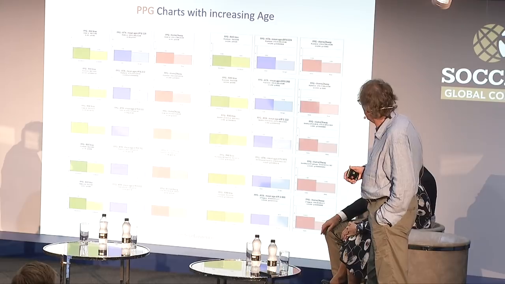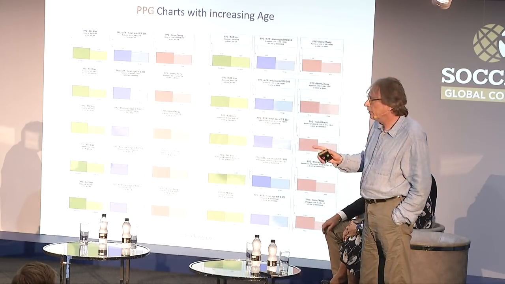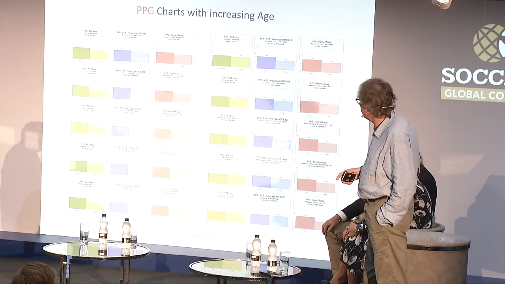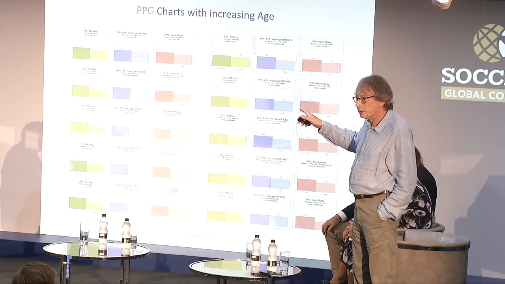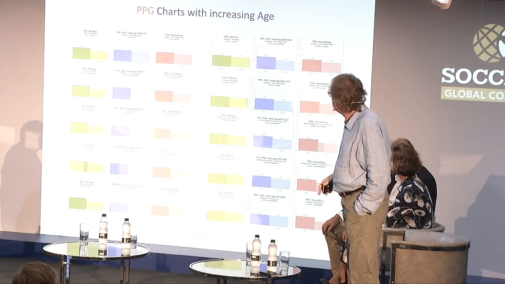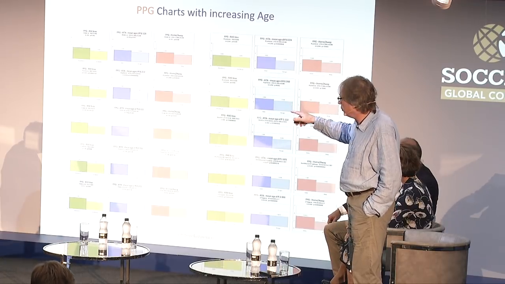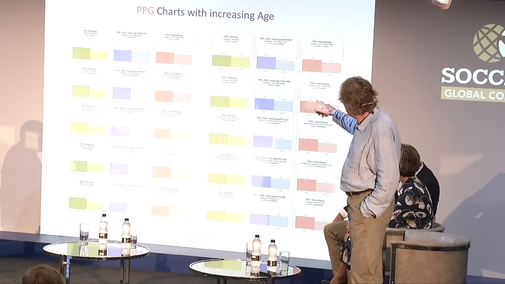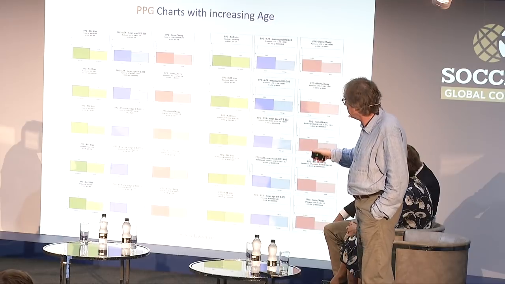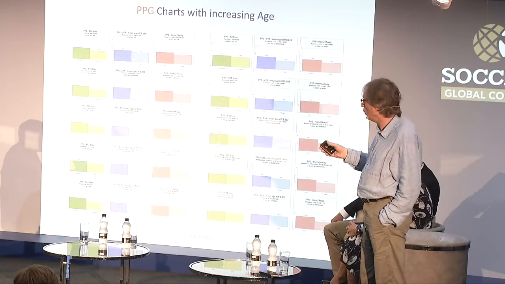It's there at under 12, and it's there in the adult game, as we might expect. If you look at the green and you look at the relative age bias, what happens to it? It starts out at 1.47 points per game, and it steadily reduces as the age goes up to the adult game. And in the adult game, we don't see any bias in the Premier League or the World Cup.